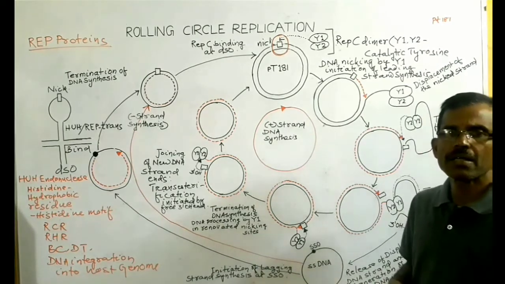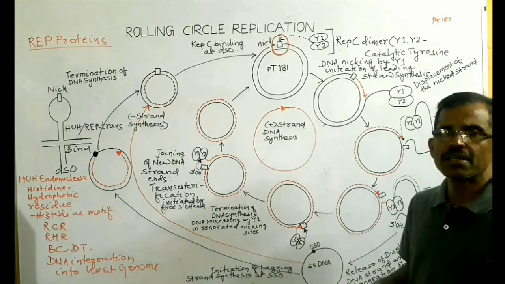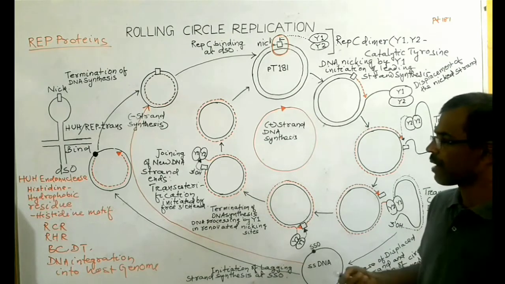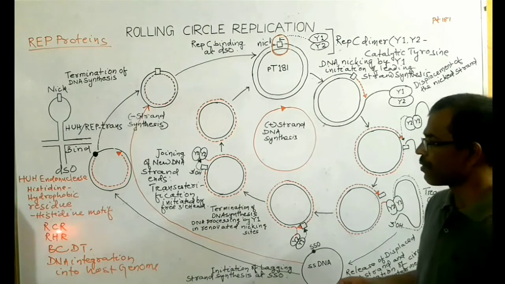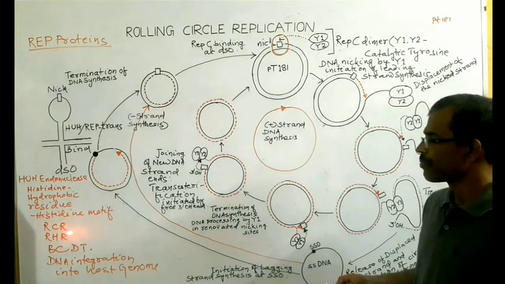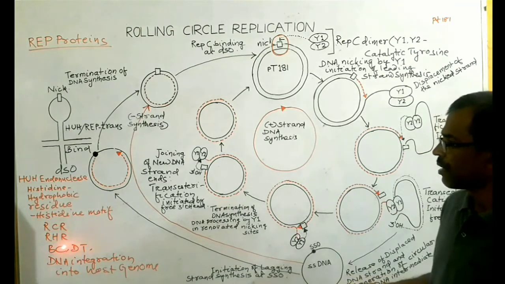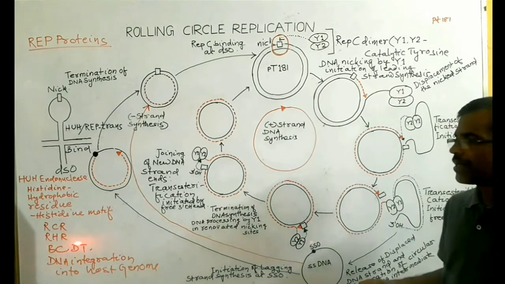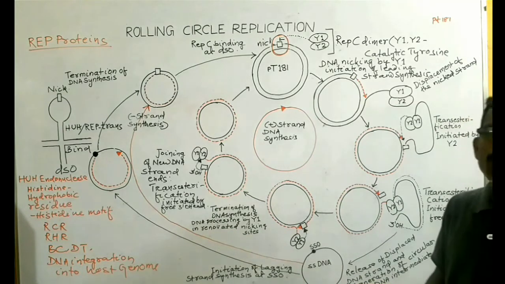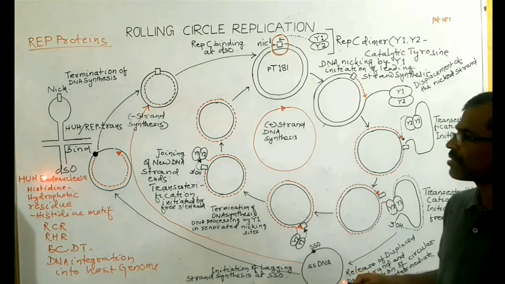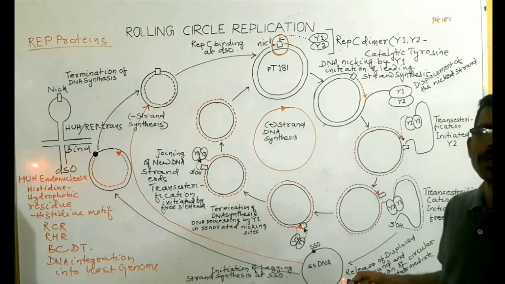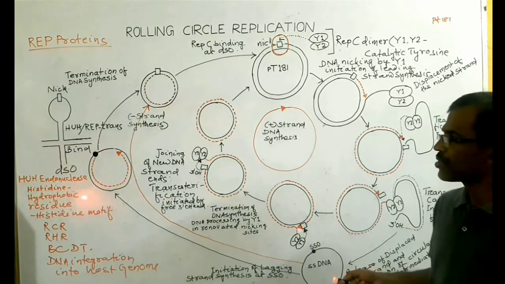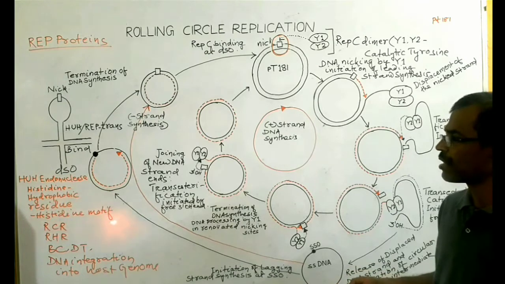The processing mechanism involves cleavage and joining of DNA fragments in order to facilitate various biological processes, for example, rolling circle replication, rolling hairpin replication, bacterial conjugation, DNA transposition, and DNA integration into the host genome. The name HUH endonuclease has been given because all of these enzymes possess a conserved histidine-hydrophobic residue-histidine motif.